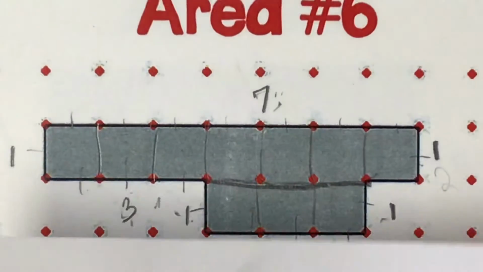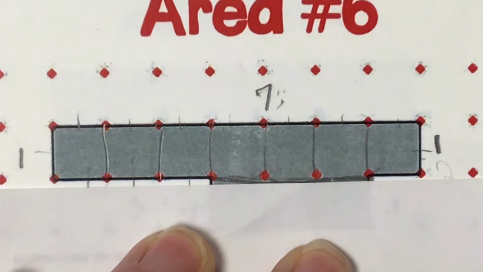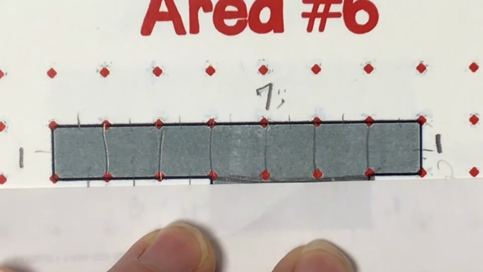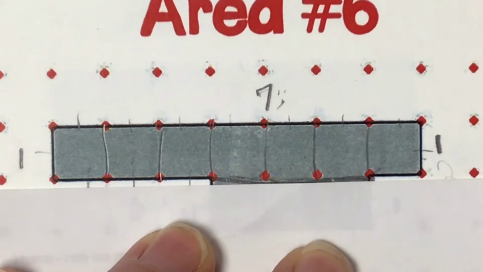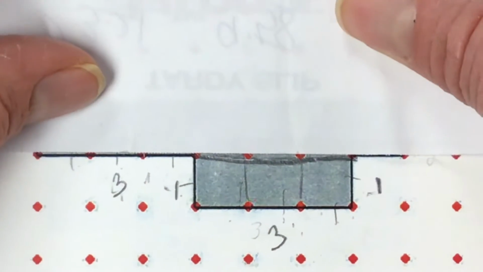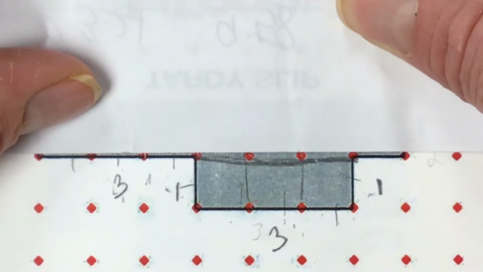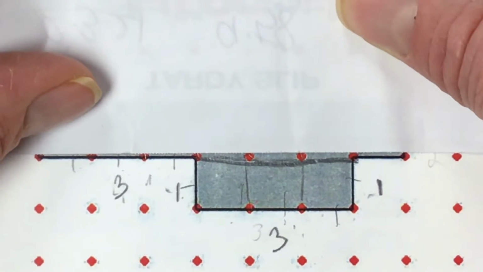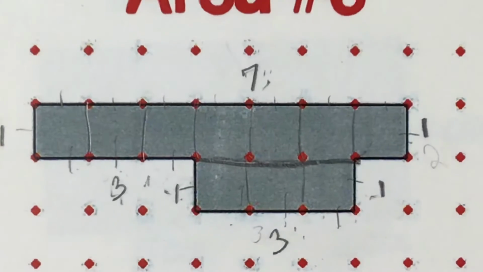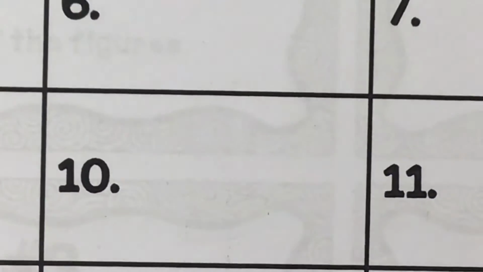If I divide this into a rectangle, what is the area of that rectangle? Addie? 7. What is the area of this rectangle? Sophie? 3. So I can add them together for a total area of what? 10.